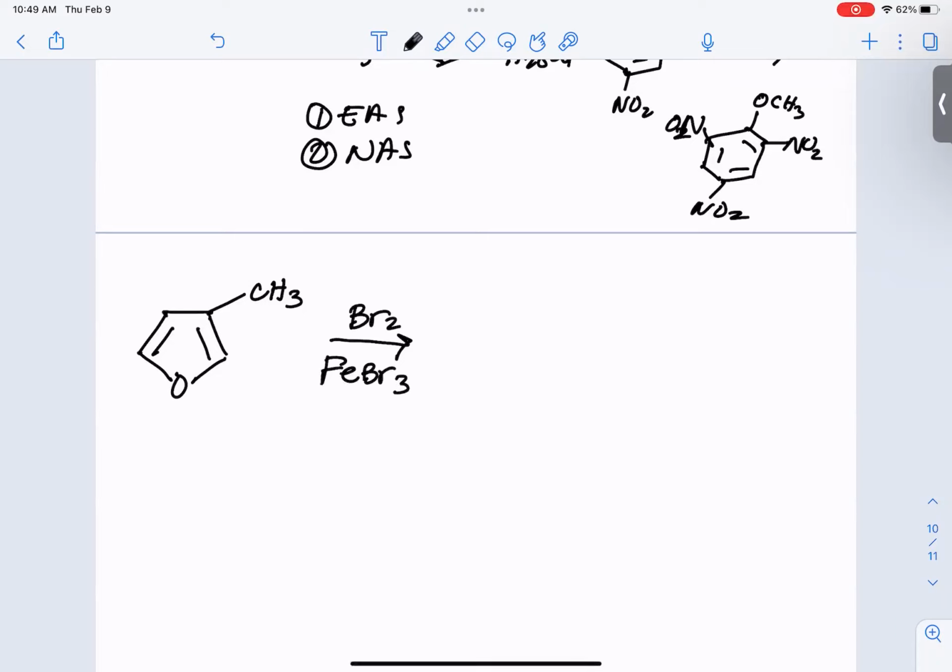Okay, so what I want you to do here is first just draw the 3 possible products. I'm going to emphasize here that there is no ortho, para, and meta because we do not have that 6-membered ring.